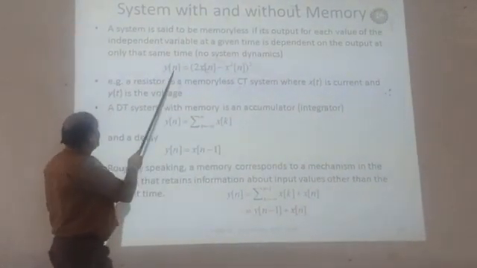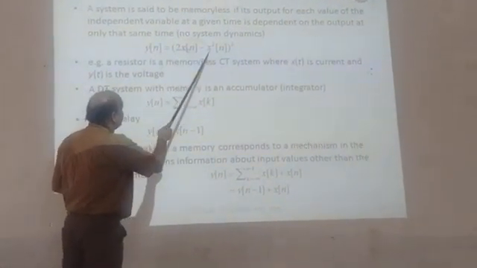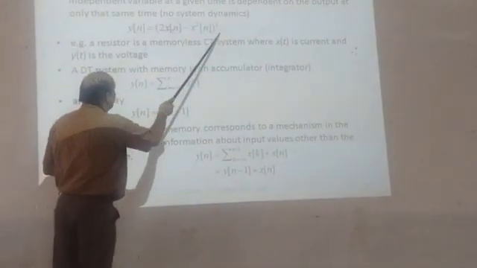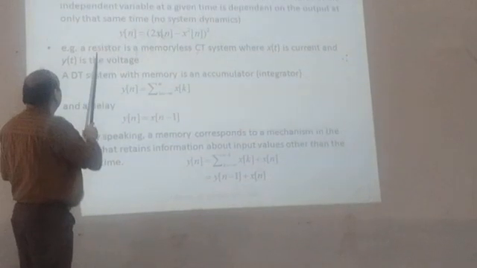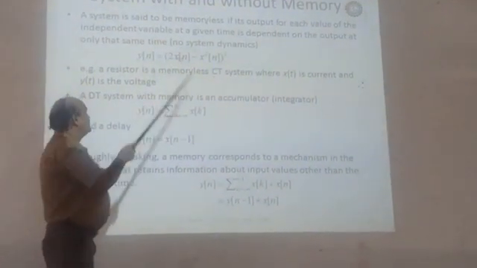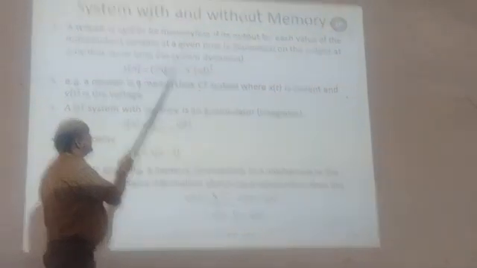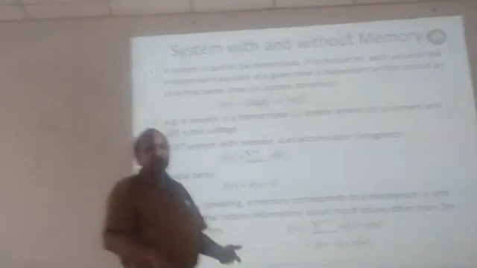Similarly, consider the equation y[n] = 2x[n] - x²[n]. There is no system dynamics here, and we don't need memory because this is the present input x[n], and this is also the present input x[n]. It is an operation on the present input, hence we don't need to store anything in memory.